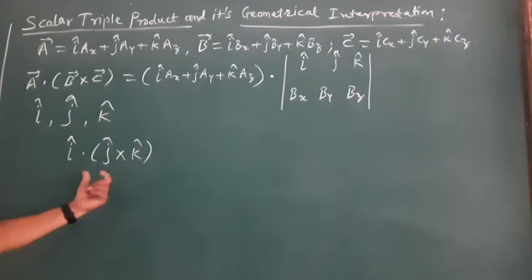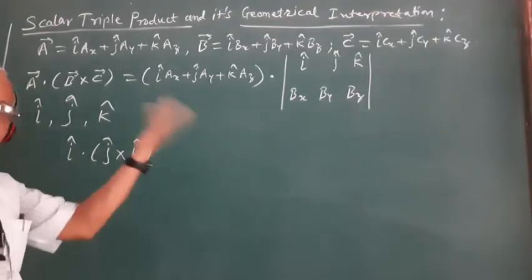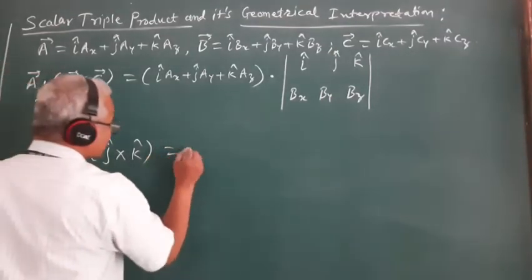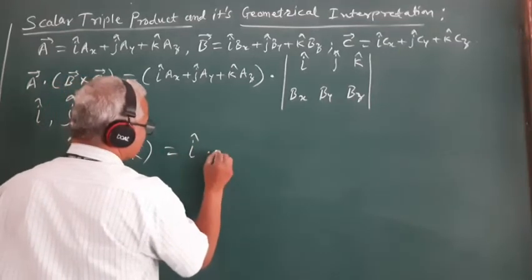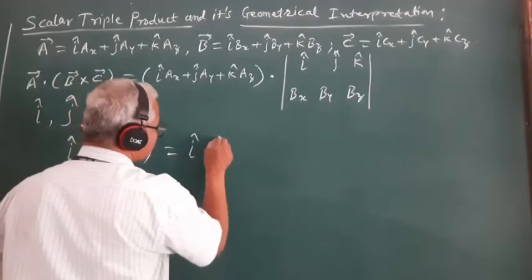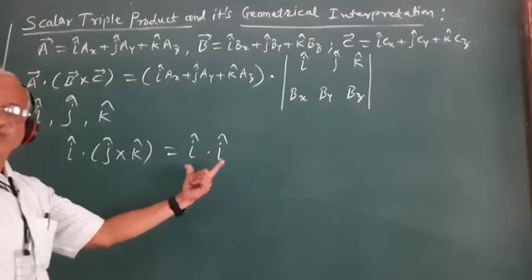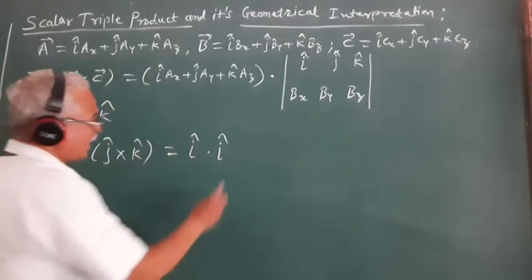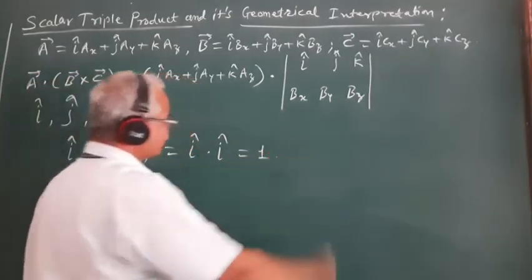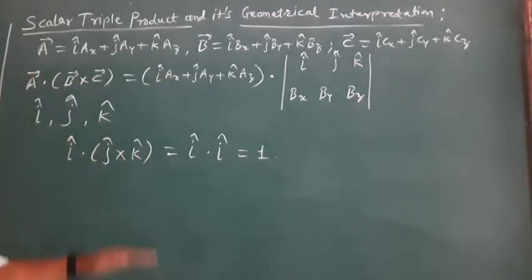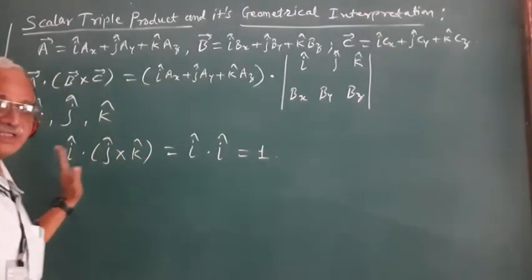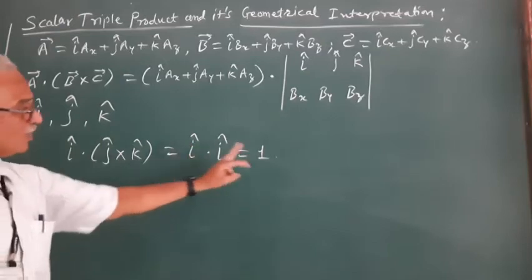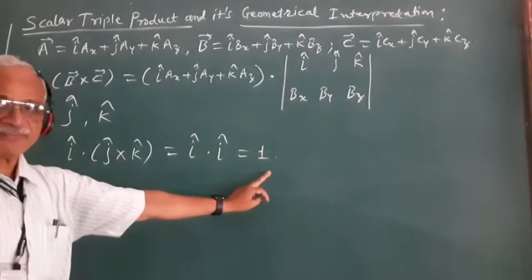What is j cross k? j cross k is i cap. So this is equal to i cap dot i cap, and as we know well, i cap dot i cap is 1. So the scalar product of these three unit vectors i, j, k works out to be equal to unity.